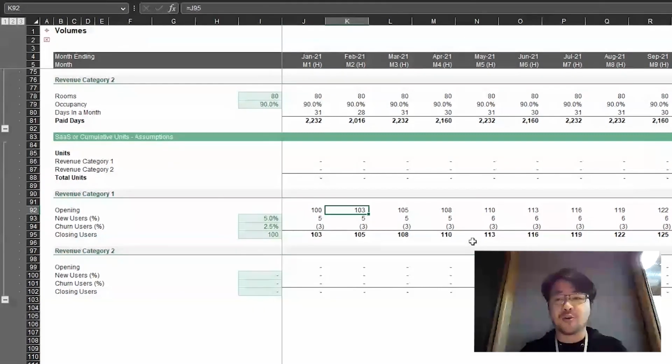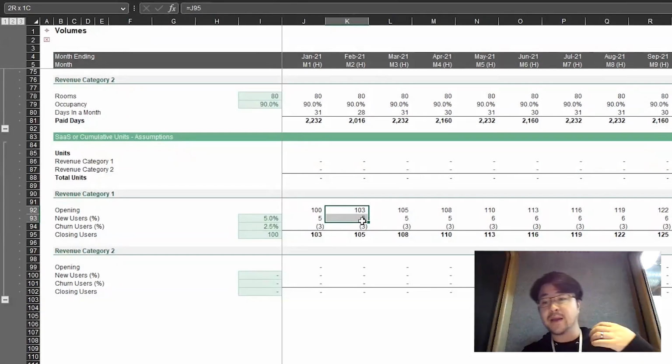And so our pricing might be, and again, it depends on your pricing structure, if you charge people up front, what you might do is take the opening balance as well as any new users and apply pricing against that summation, and that becomes your volume.